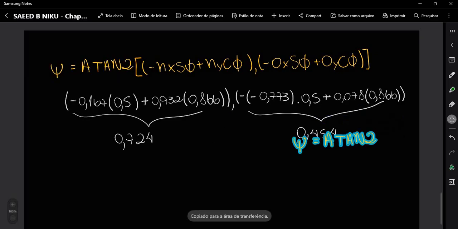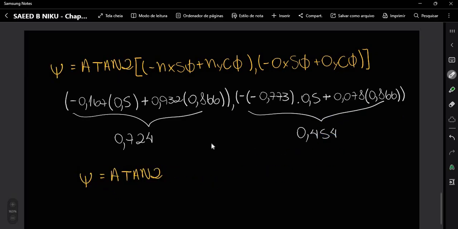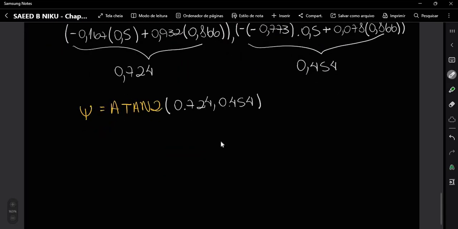Okay, so I can calculate psi. So again, let's use Octave.